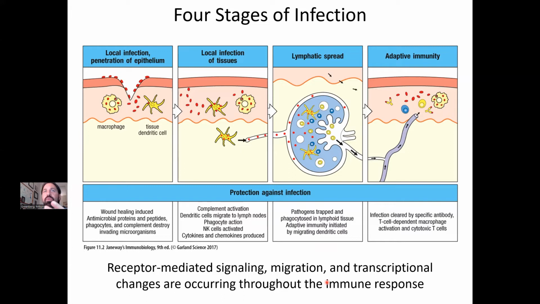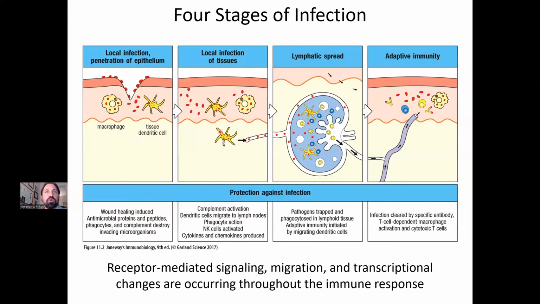Within these cells they have this really specialized area called the nucleus, and that nucleus contains all of these weapons. These weapons are genes, and these genes can be turned on or off depending on the signals that these cells are receiving from their environment, from the receptors on their cell surface, on their plasma membrane, but also the receptors inside the cytoplasm. With this, it can turn on genes, and these genes can do things like make cytokines.